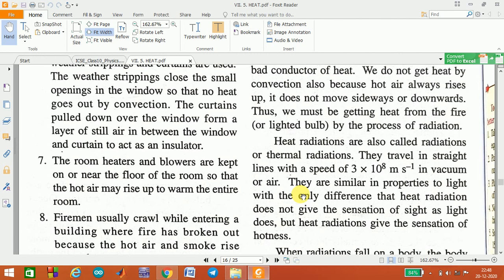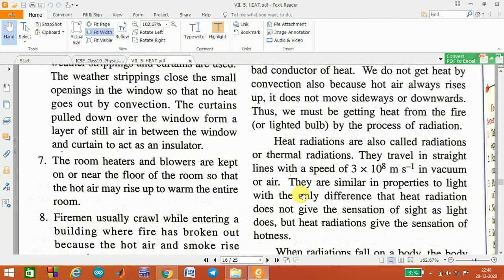If room heaters are put down, the bottom part of the room will be heated first, then the air will go upward. For an AC, first the upper part of the room will cool down, then it will fall down and descend.